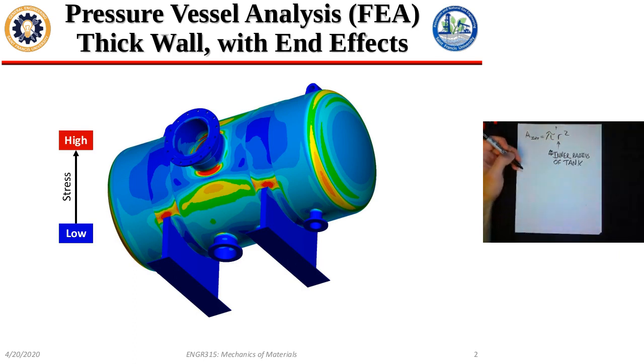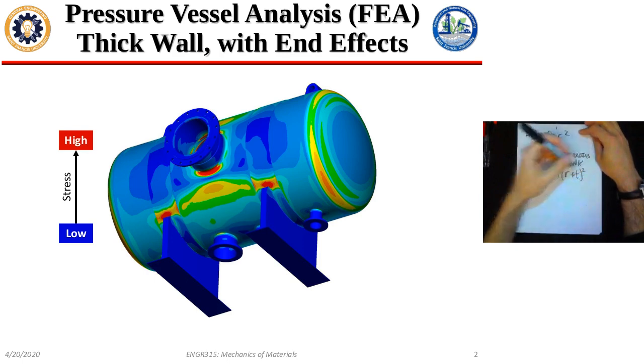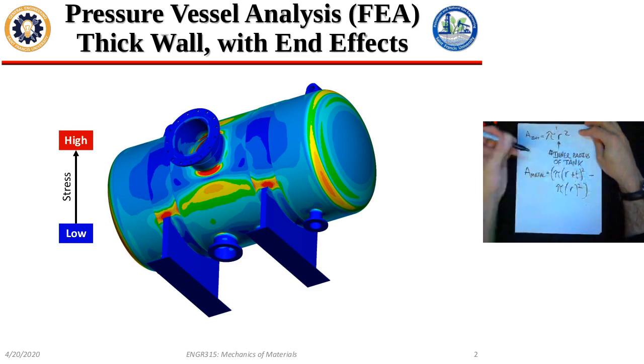For the area of the metal, that one's going to be a little bit more interesting. If we wanted to be complete about it, we'd say something like pi times (radius plus the thickness) squared minus pi r squared, right?